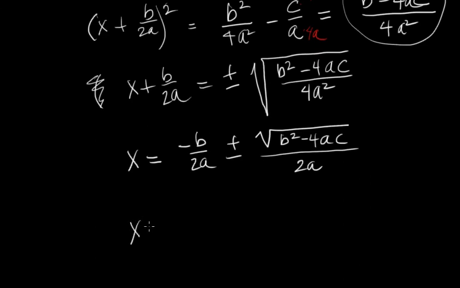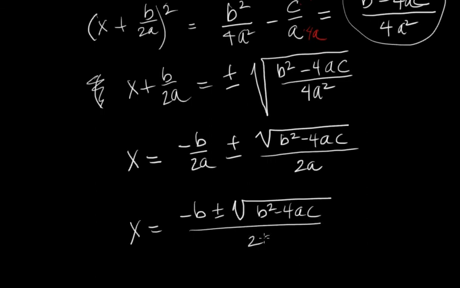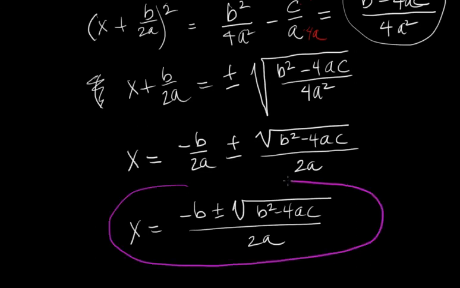Oh, I have the same denominator. So x is equal to minus b plus or minus the square root of b squared minus 4ac all over 2a. And that was by just completing the square. That's how you prove the quadratic formula.